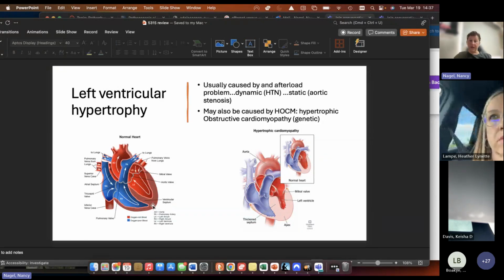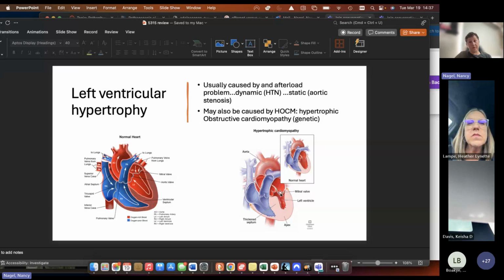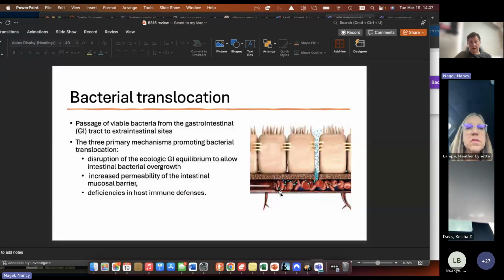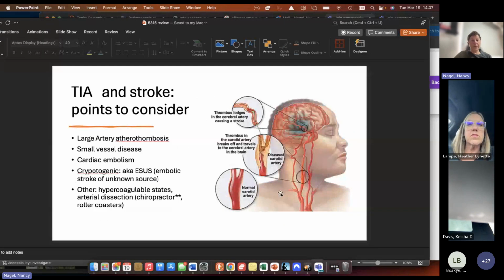So if you have something like this, where you're not moving a lot of blood out into the system, you're at higher risk for forming a clot and giving yourself a stroke. We also tend to do carotid duplexes to see if it came from there. We also consider, is it sepsis? Do they have endocarditis, and there are little bits of bacteria plaque being showered up into the brain?